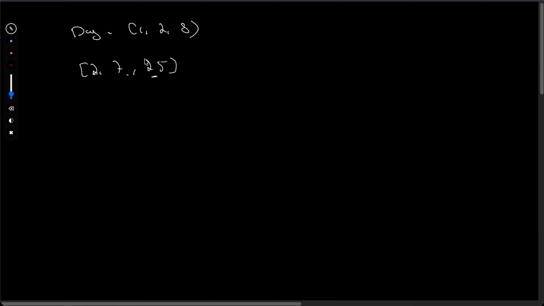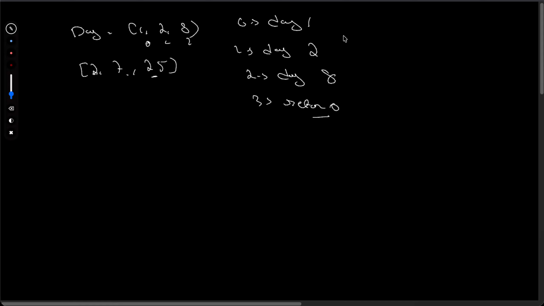Now the indexes are 0, 1, 2: index 0 is day 1, index 1 is day 2, and index 2 is day 8. At the third index we return 0 because it is the end. So the function solve of i is the minimum cost from index i to the end.